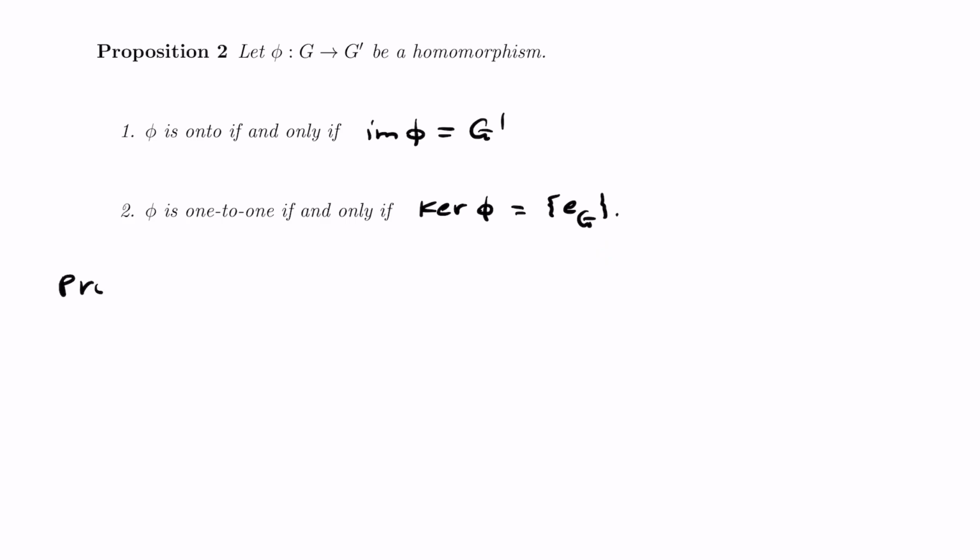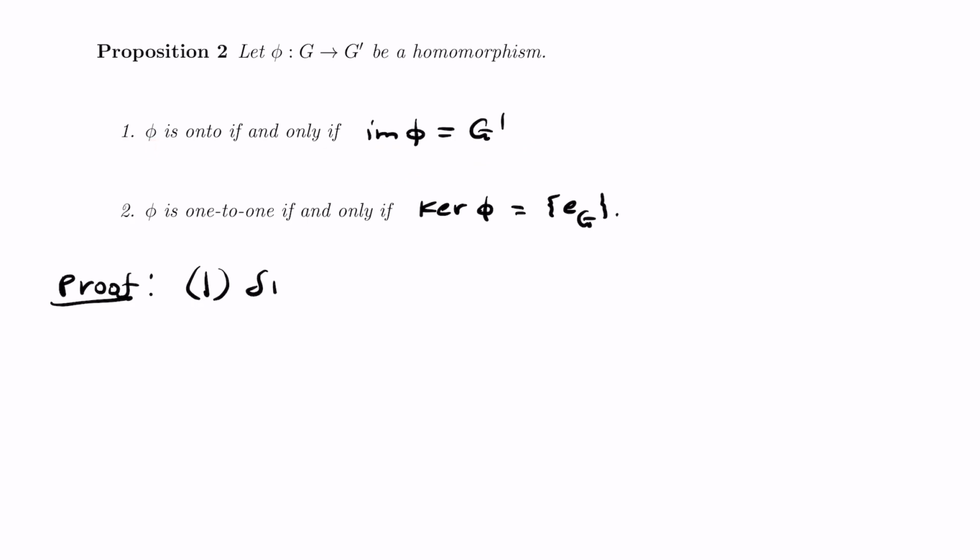Now, part of this proof is short and part of it is long. And the short part is number 1. Let's think about why. What does it mean to be onto? Onto means that everything in the target space, G prime, is actually the output of something from G. That's the same thing as saying that the image of phi is G prime, because the image of phi is all of the outputs of phi.